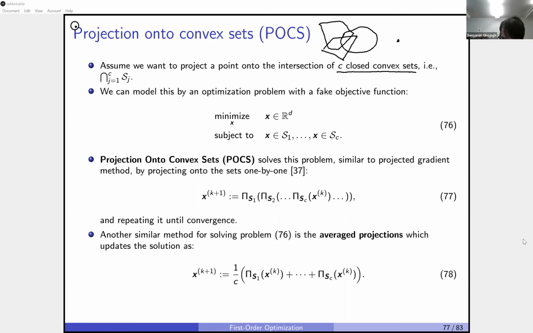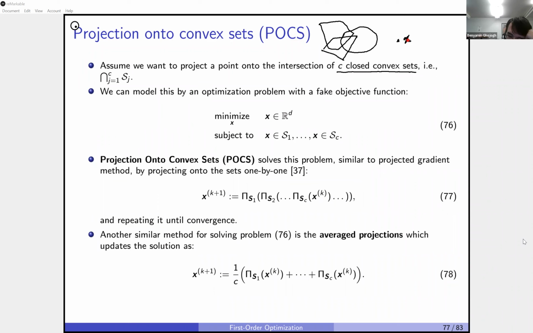I can use the optimization algorithms that we talked about, the projected gradient method and these things, in order to solve this problem, which seems not to be an optimization problem.